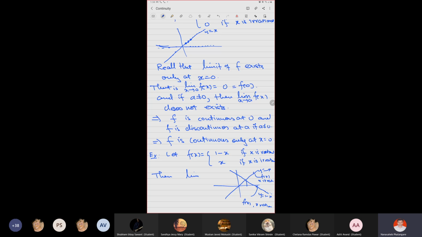And where these two lines coincide, x is equal to half. So what is the limit as x tends to half of f of x? What is the corresponding point where these two lines coincide? Half.